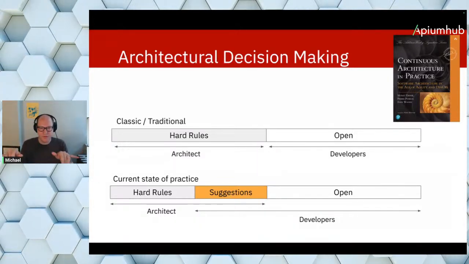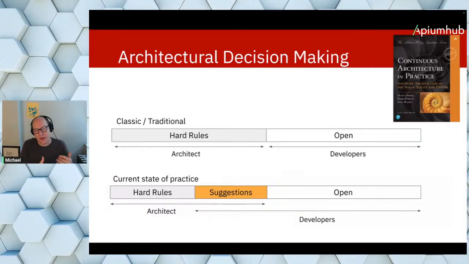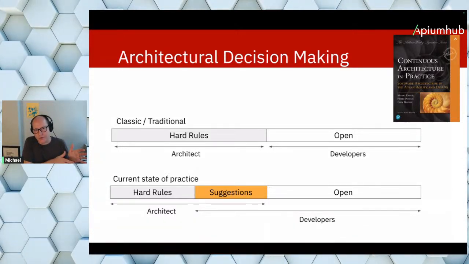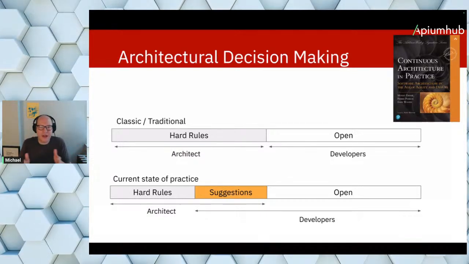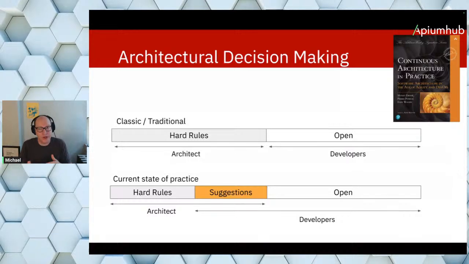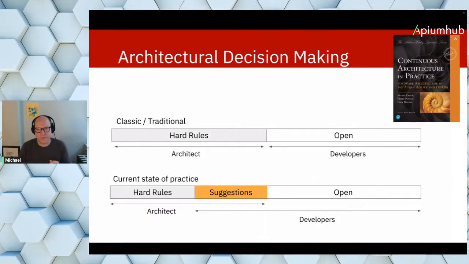Developers then are open to anything that's not defined, right? Whereas the more modern state of practice is architects having fewer hard rules, keeping things a little bit more open, with a lot of guidelines or suggestions created in collaboration with the development teams. And after that, everything else is left open.